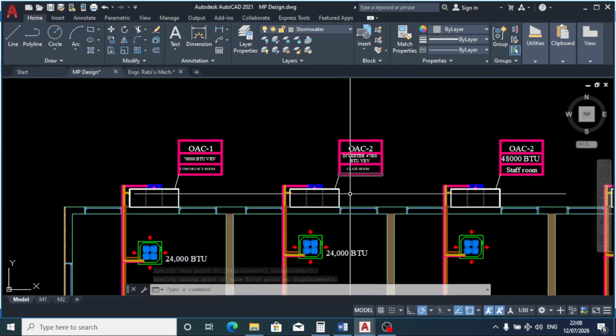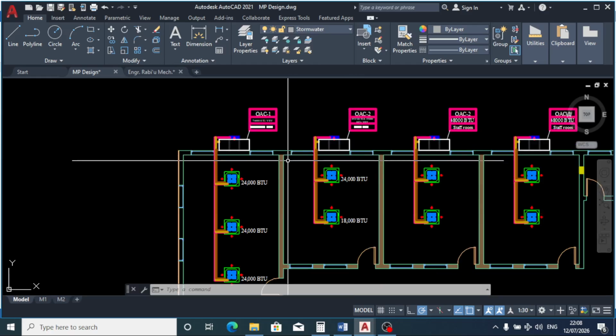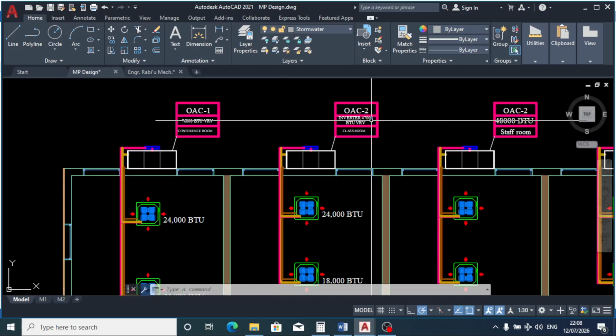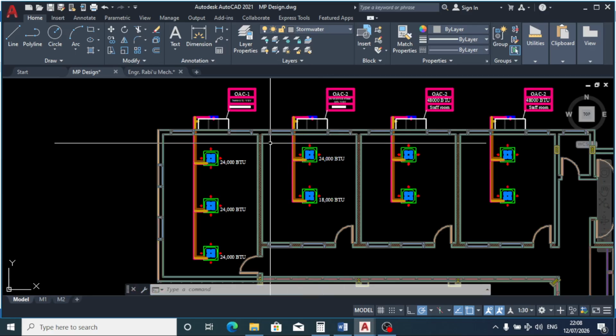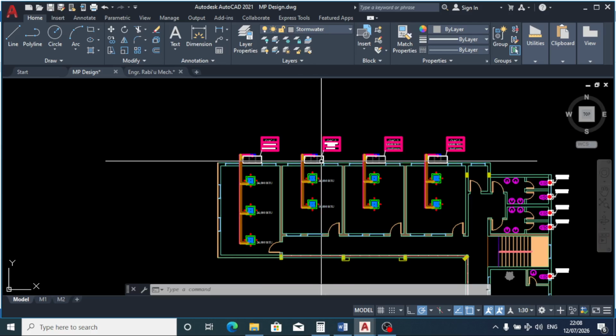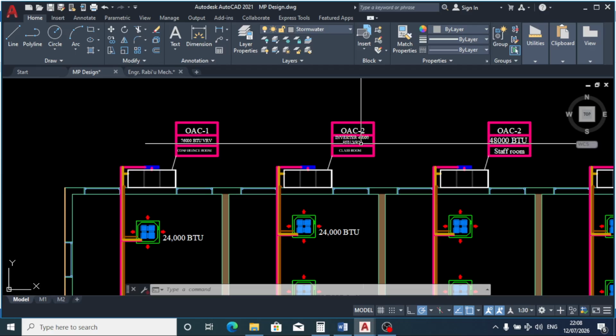Yes, so why we are choosing inverter is, inverter will sense the cooling load needed for this space and operate the outdoor unit accordingly to deliver precisely the cooling load needed for this space, so as to minimize energy wastage. That is why we are choosing inverter.